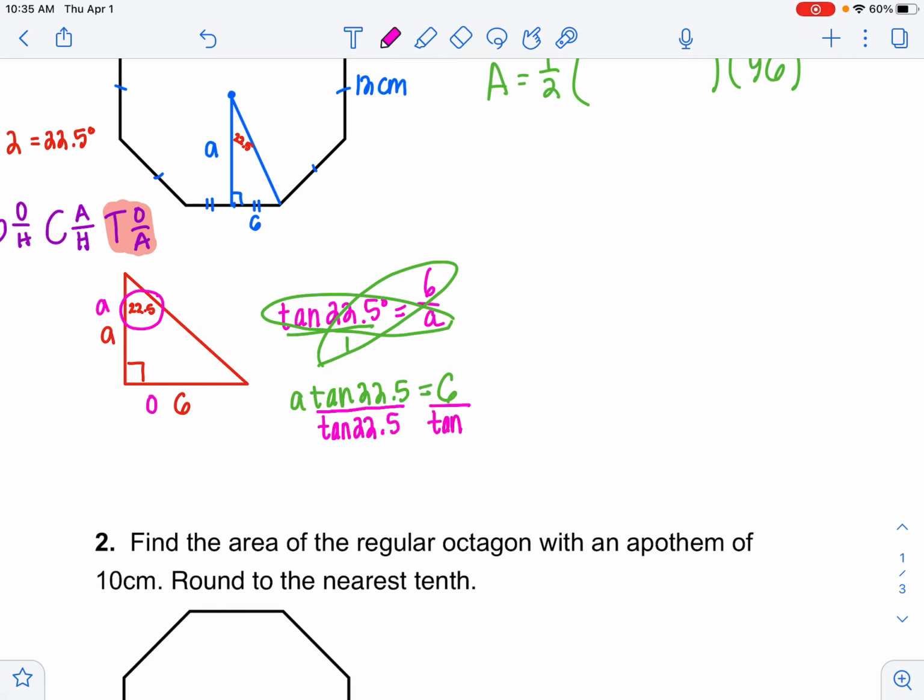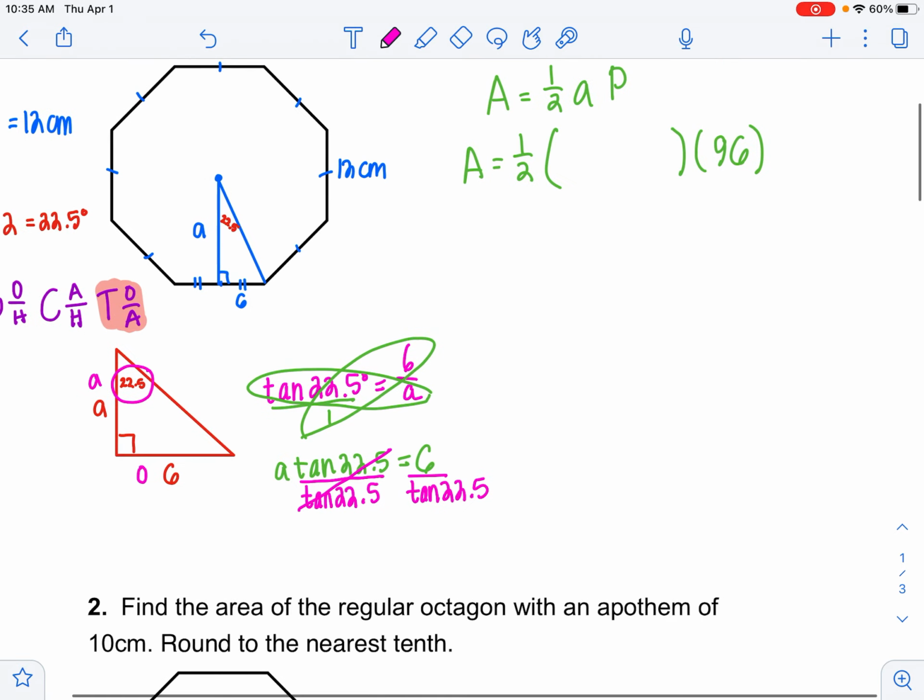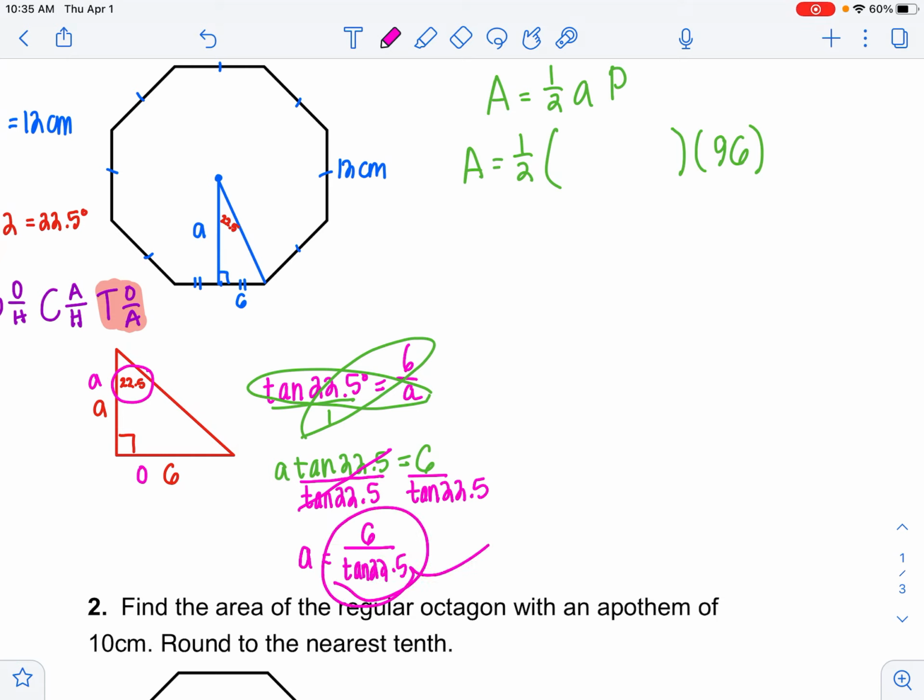This cancels, and I have A equals this. All right, this is what A is equal to. I'm not going to put it in my calculator right now. Instead, I'm going to say A is equal to 6 over tangent of 22.5. And was I looking for the apothem A? Yes. So this is going to go right inside there.